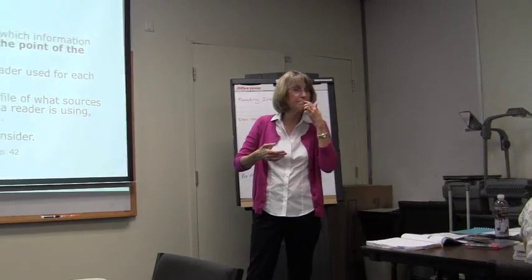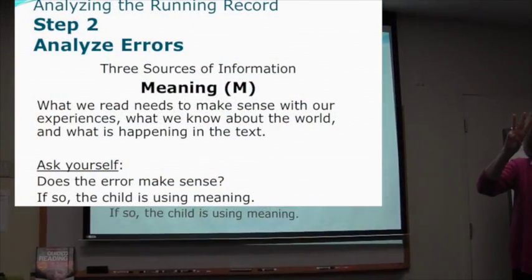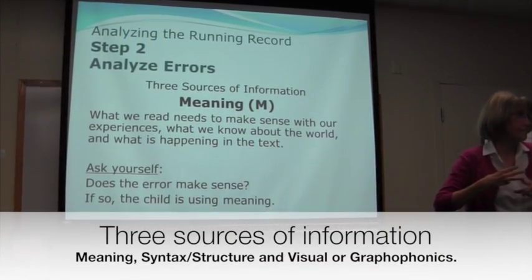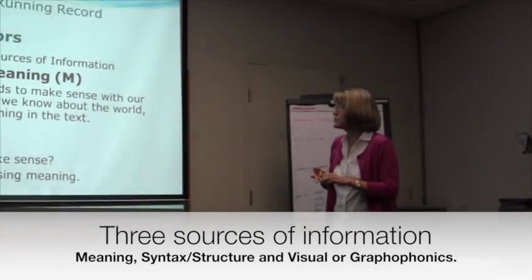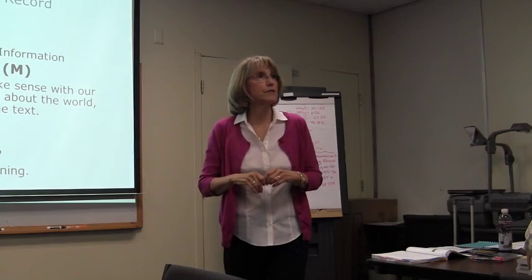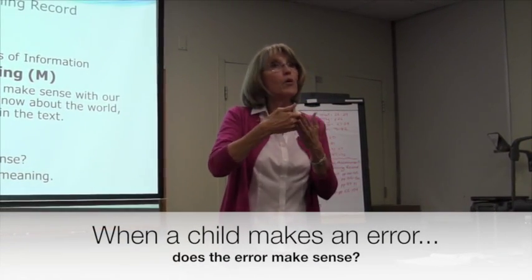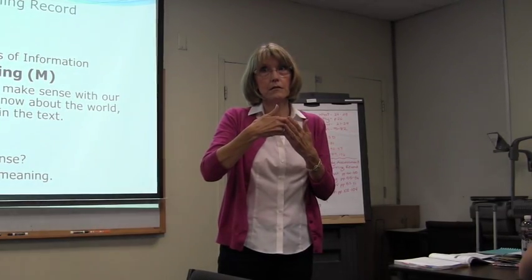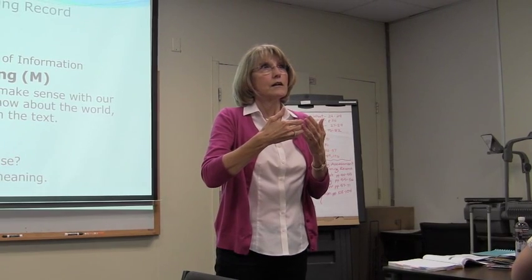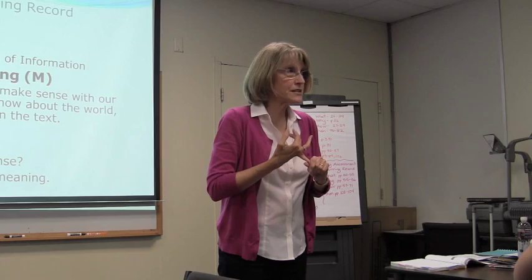You can do the next slide. Okay, 3 sources of information, also called cues: meaning, syntax, and visual or graphophonics. So, when a child makes an error, you ask yourself, did the error make sense up to that point? It doesn't matter for this, the part of speech.